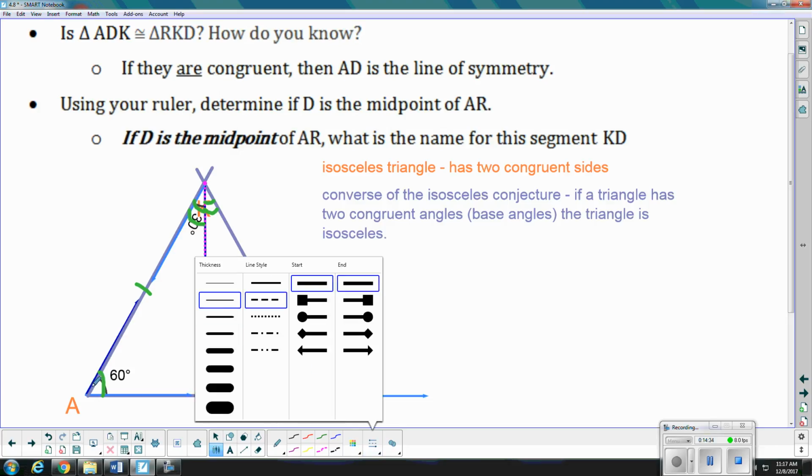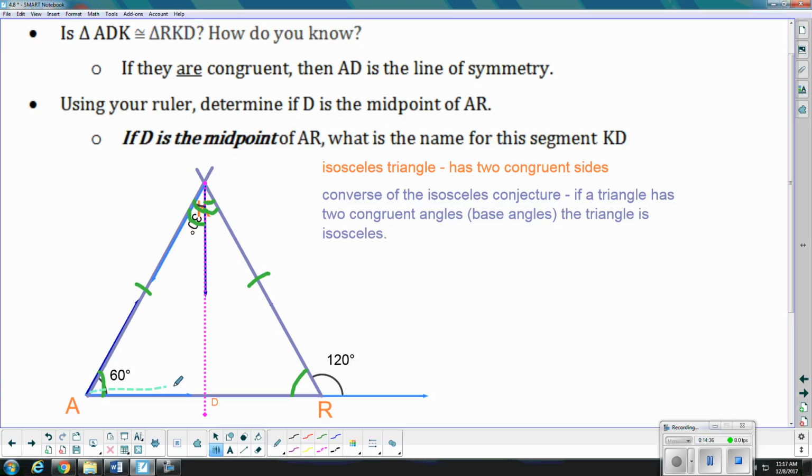Okay, so is ADK, this triangle, congruent to RDK? Well, how do we show that two triangles can be congruent? So we have to use one of our shortcuts for proving triangles are congruent.